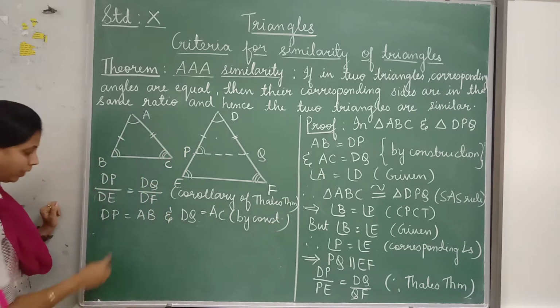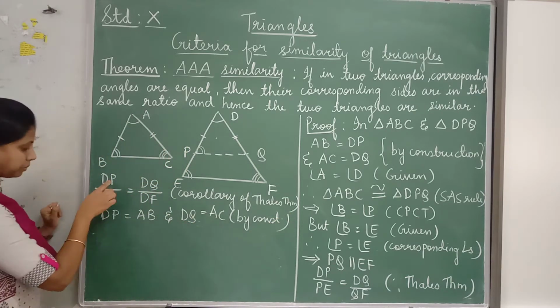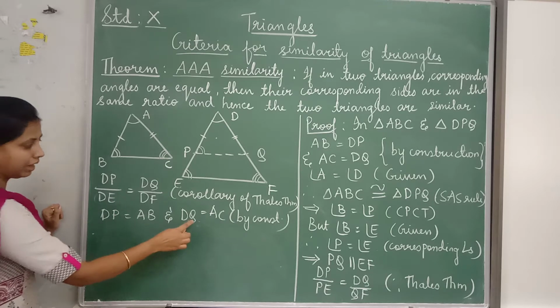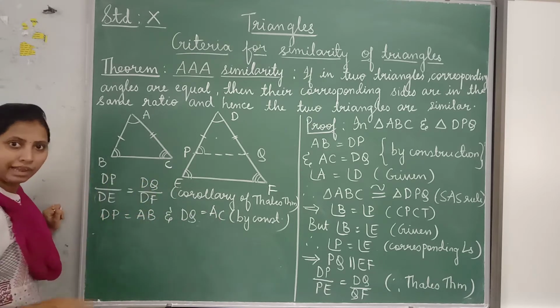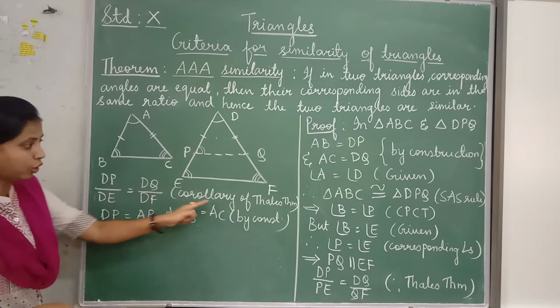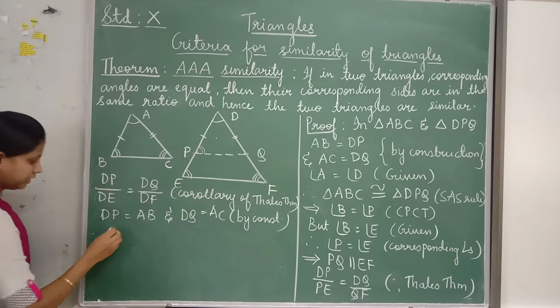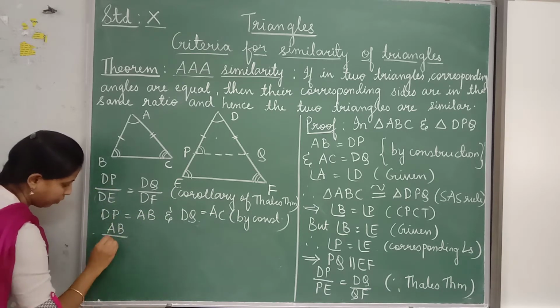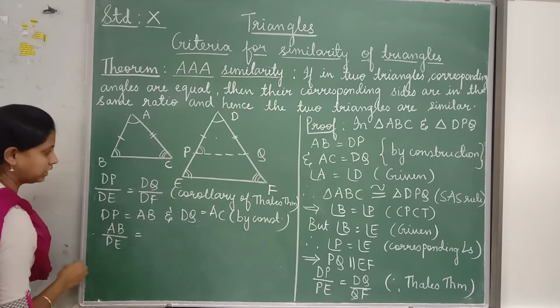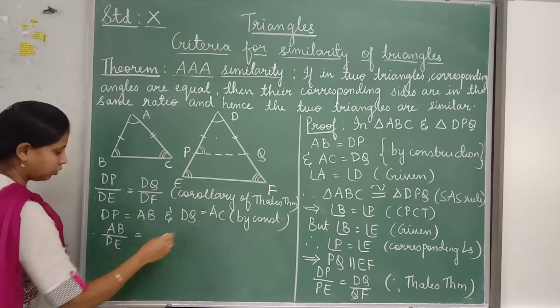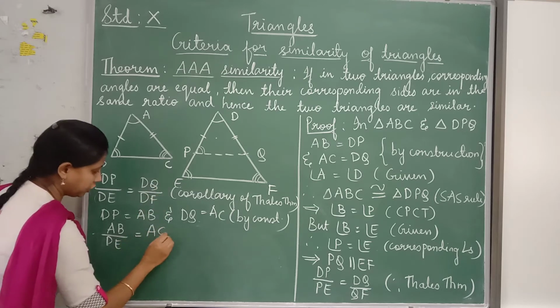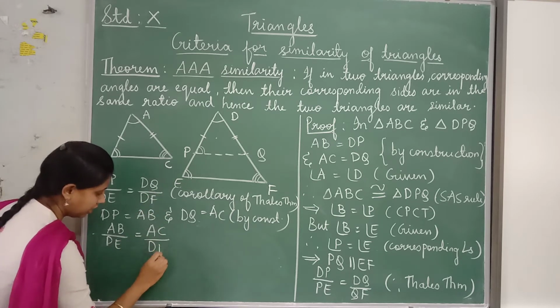So when these two are equal, we can substitute in place of DP AB and in place of DQ we can substitute AC, children. So we have taken corollary of Thales theorem. Now in place of DP I will substitute AB upon DE is equal to DQ, which is equal to AC. So in place of DQ I will substitute AC upon DF.